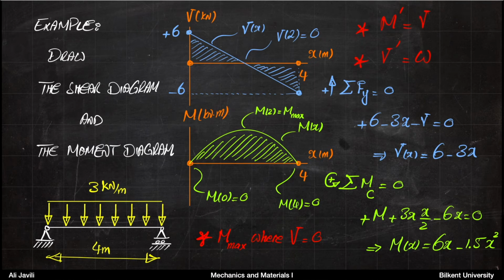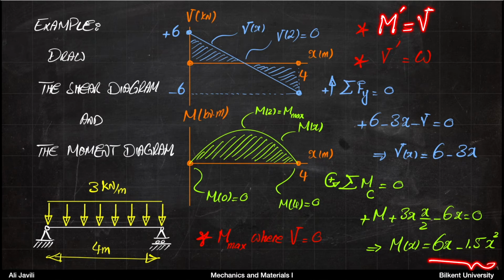Another point is, if you look at the functions that we have, at the distributions, the derivative of the moment function m prime is actually the shear force V. You can see it here.